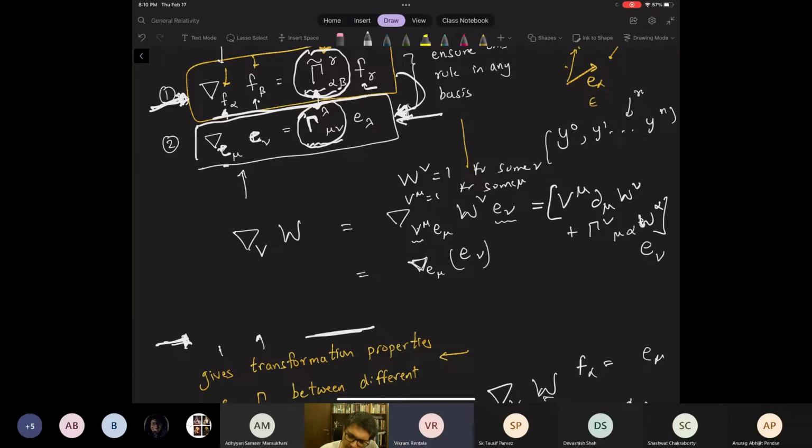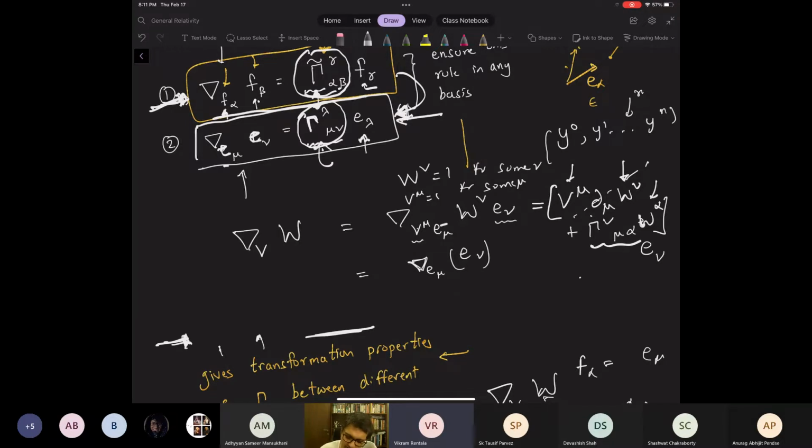So this is what we had, and now since W is a constant, it's 1, this term doesn't appear. The derivative of it is 0, and this Γ^ν_{μα} is the only term that you get. Again this W is 1, this V is 1, so only for that particular choice you'll get some coefficient times a basis vector.